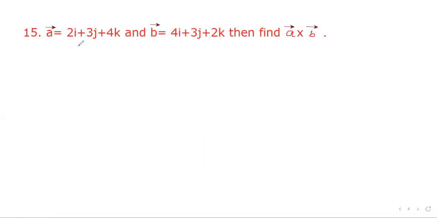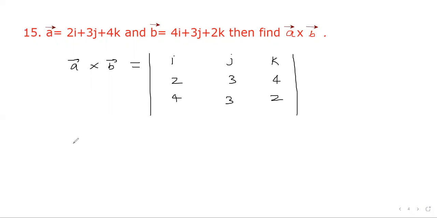Let's go to the next question. We have to find out A cross B. The vector A cross B is i, j, k, 2, 3, 4, 4, 3, 2. Now we evaluate i times, we leave this column and this row, 3 times 2 is 6 minus 12.